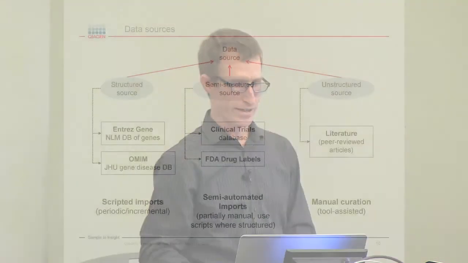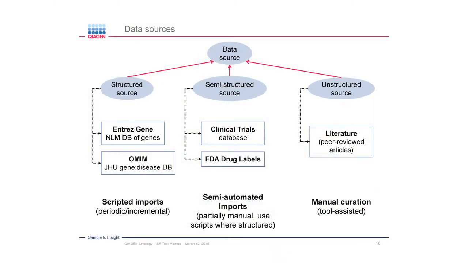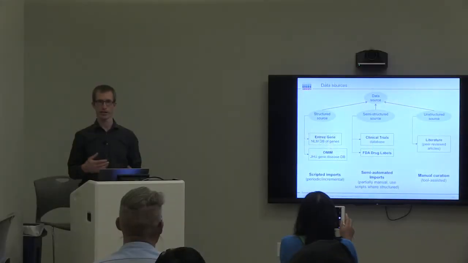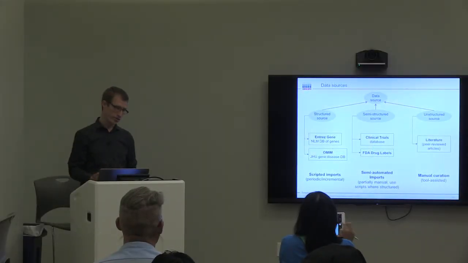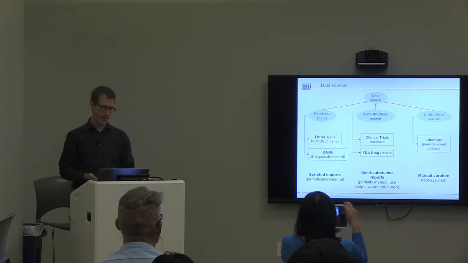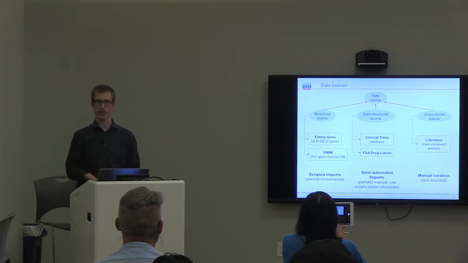All right, so somewhere in the middle here we have what I'm calling semi-structured sources. That's things like, as it turns out, the clinical trials database. The clinical trials database is a structured source. The records are available as XML documents, and they're pretty nicely structured. But we find that, first of all, they don't go to the level of detail that we always need.